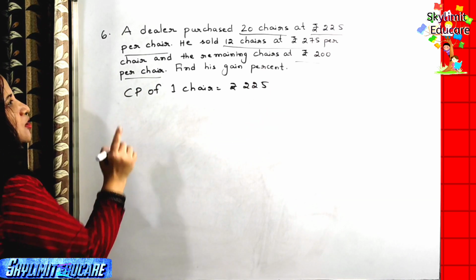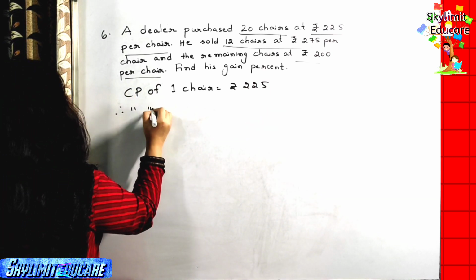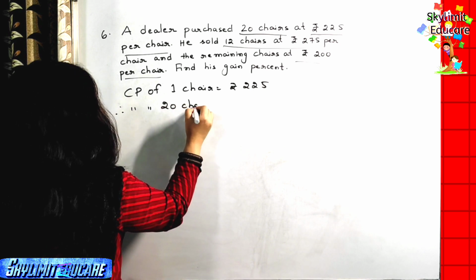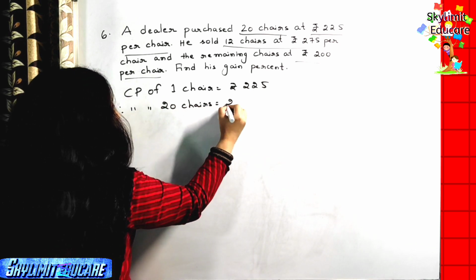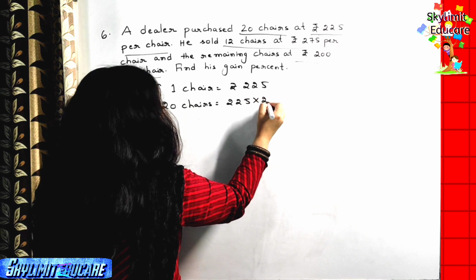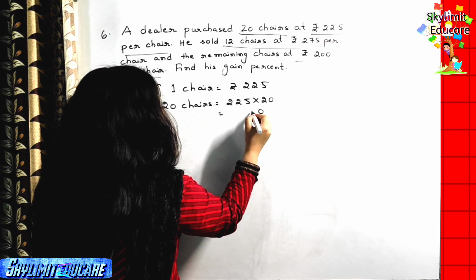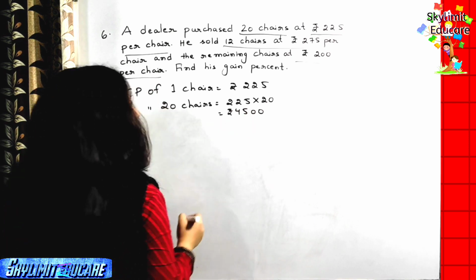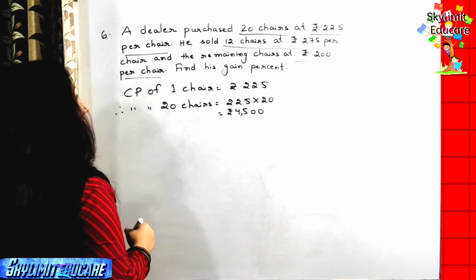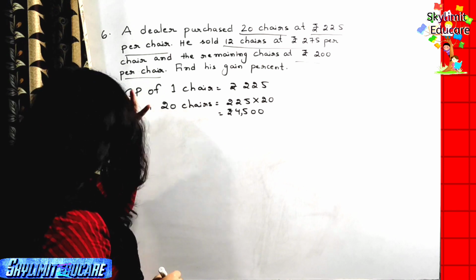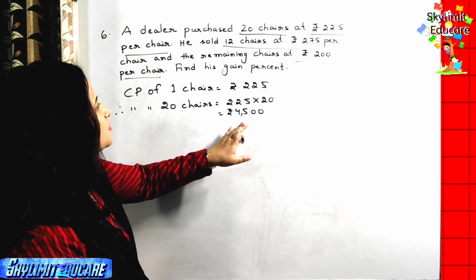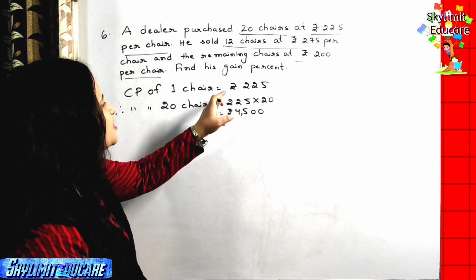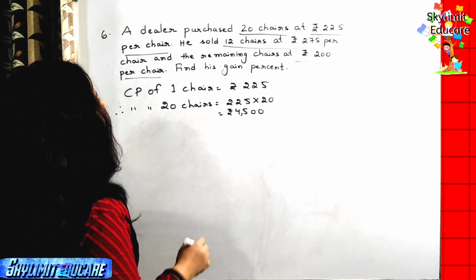The dealer purchased 20 chairs, therefore the CP of 20 chairs will be 225 multiplied by 20, which is rupees 4,500, right? That means he purchased all 20 chairs for rupees 4,500 at the rate of rupees 225 per chair.